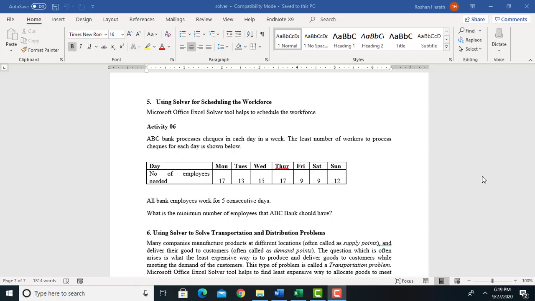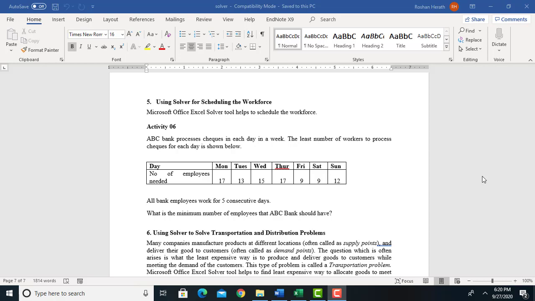And a particular set of employees who start their work on Tuesday may at a stretch go up until Saturday, and Sunday and Monday are their holidays. Similarly, if a particular group of employees starts on Wednesday, they should go up until Sunday. Then Monday and Tuesday could be their holidays. So that is what it means.